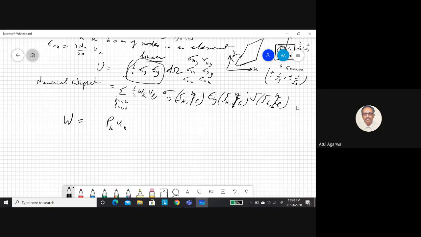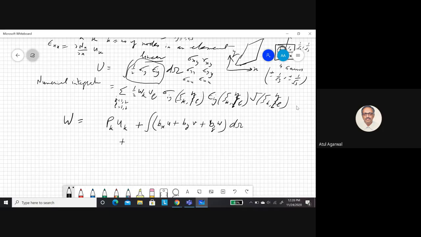So this is if there are point loads. And if there is a distributed load, then it will be an integral of the distributed load into the displacement, dot product. So this you have to integrate over the domain.